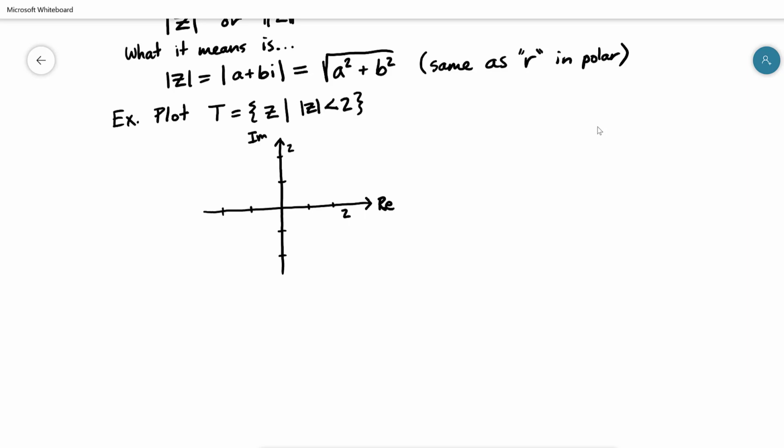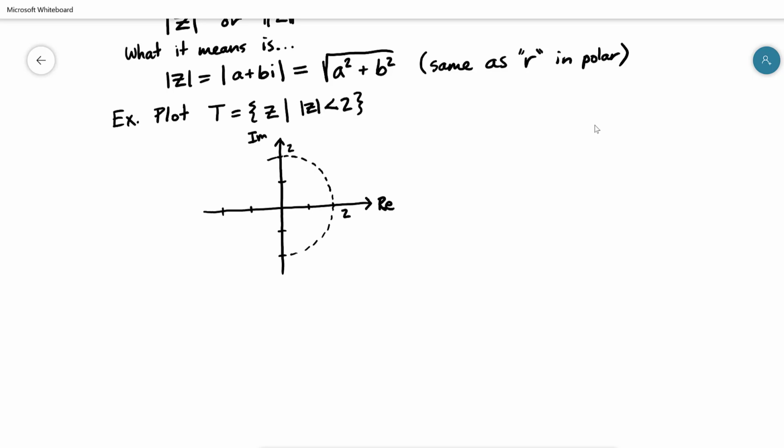I'm asking for every point, so every number z in this plane, such that the distance, the modulus of z, so the distance to the point is less than 2. So the distance from the origin to that point is less than 2. That's going to give me a circle. And because it's less than, I will again use a dashed line to indicate the boundaries. But basically, we're getting a circle with a radius of 2.